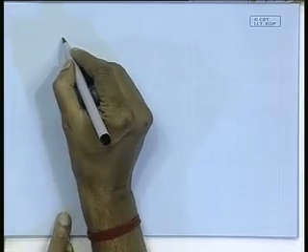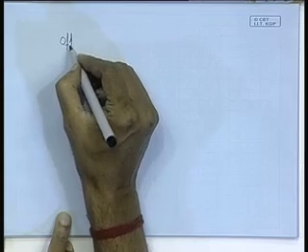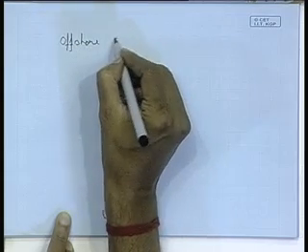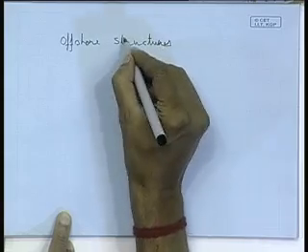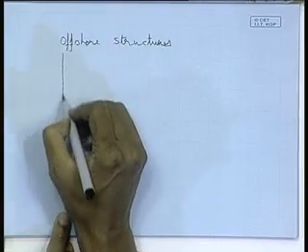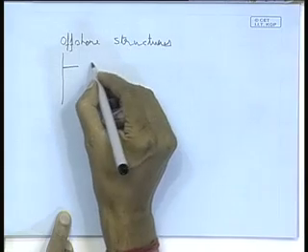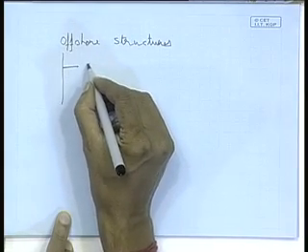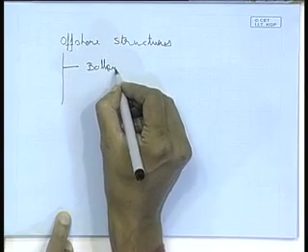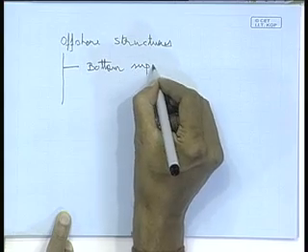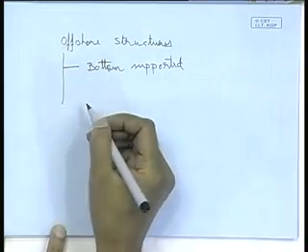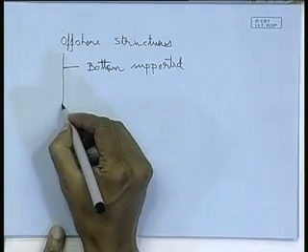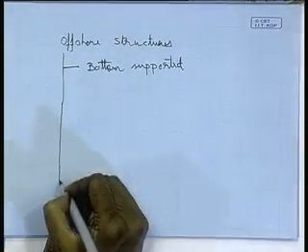So they are essentially classified in the following types. One is what is referred to as bottom supported platforms. And another one is floating platforms.